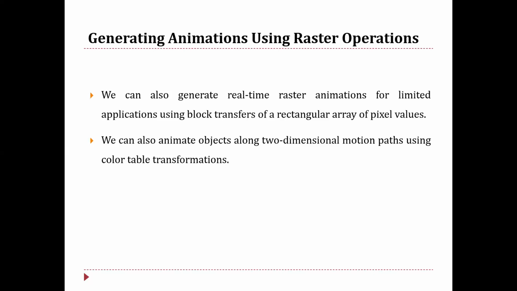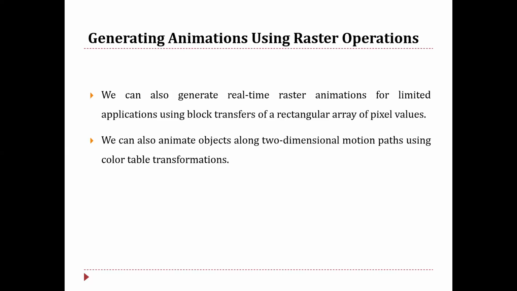If you're making use of this color table transformation, then here we predefine the object at successive positions along the motion path and then set the successive blocks of pixel values to the color table entries. The pixels at the first position of the object are set to the foreground color, and the pixels at the other object positions are set to the background color.